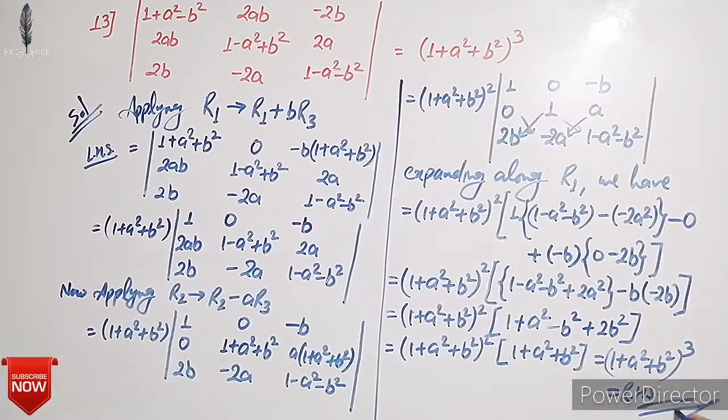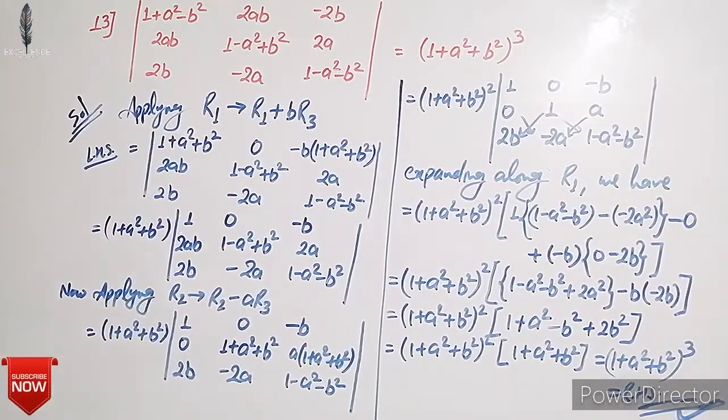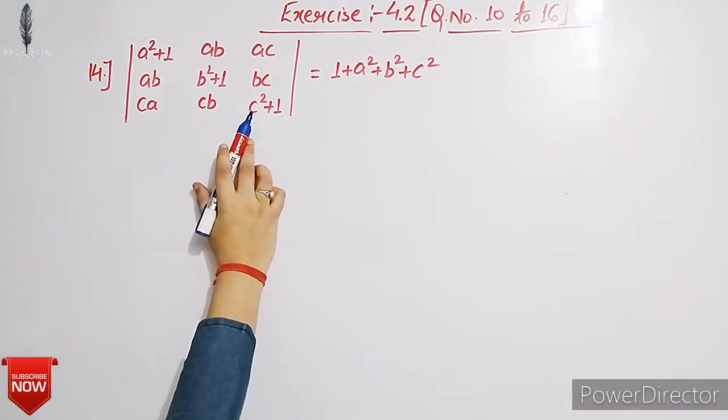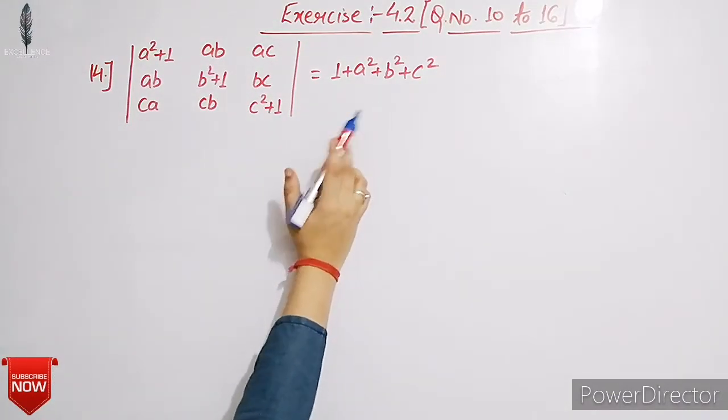Hence proved. Let's see the next question number 14. Here we have to prove that this determinant is equals to 1 plus a square plus b square plus c square.